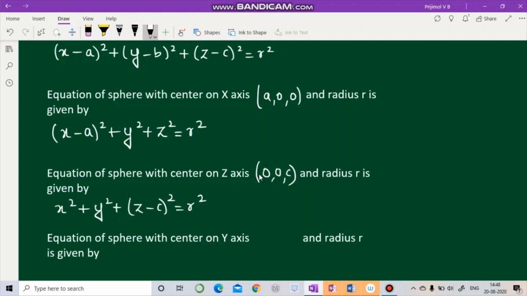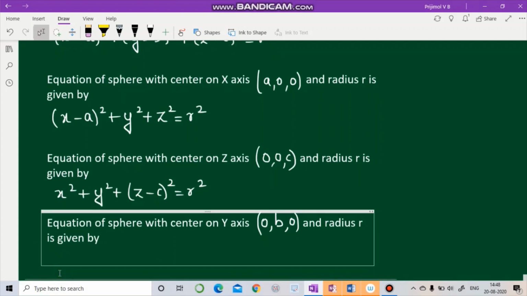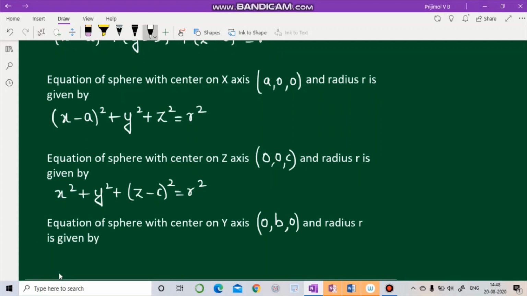Now what about the equation of the sphere with center on the y axis? That means there is no x value, y value we have and there is no z value. Now what will be the equation of this particular sphere? It is x square plus (y minus b) whole square plus z square equal to r square.